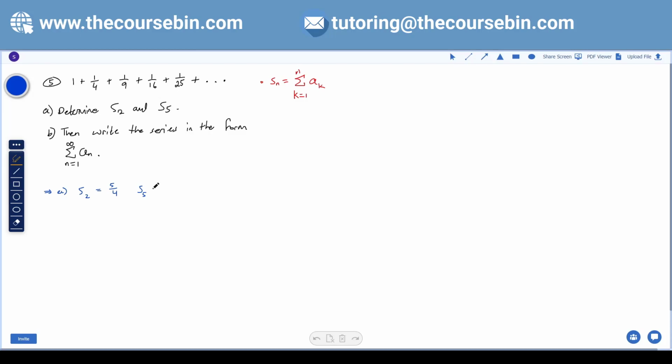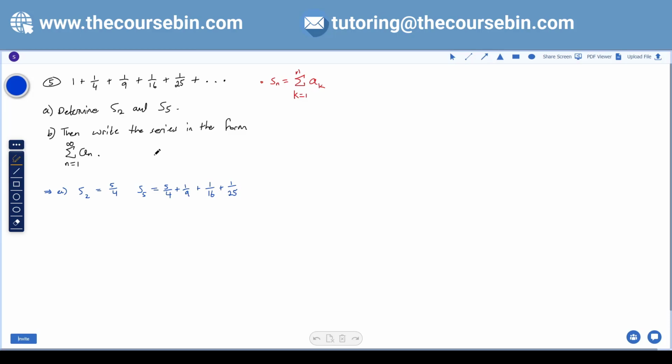I believe for S4, the denominator might be 144. Still calculating that. That's why I was trying to find a quicker way. You mean you're looking for a quick formula you can use, right?